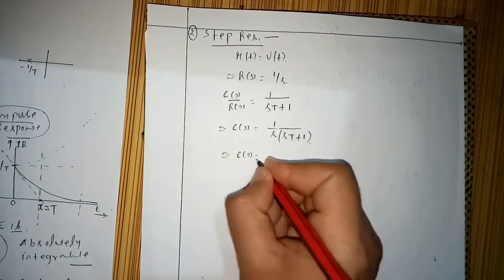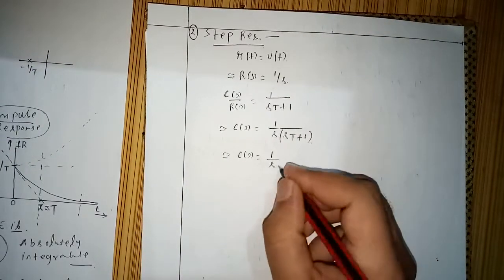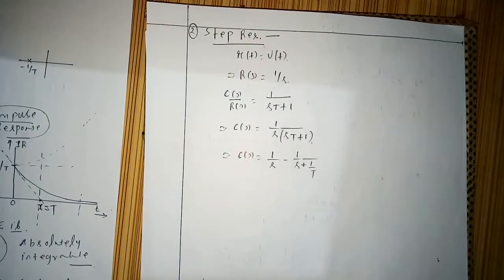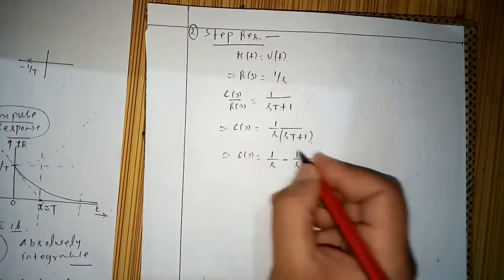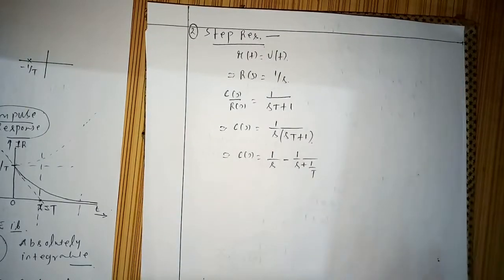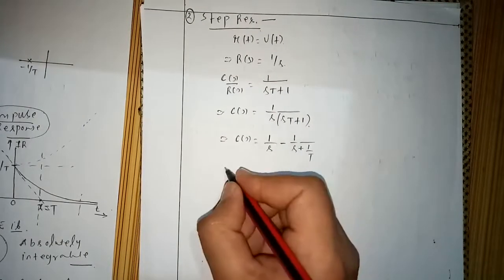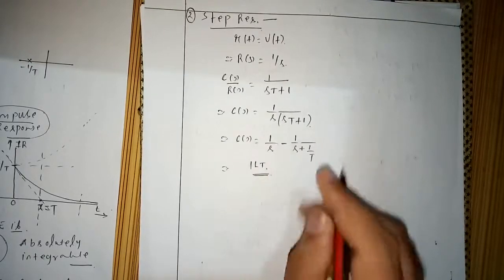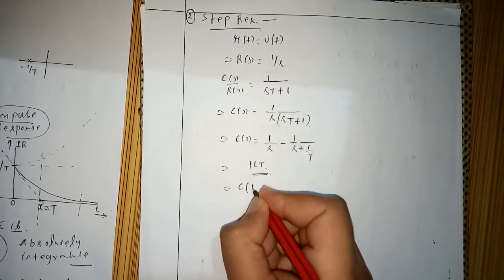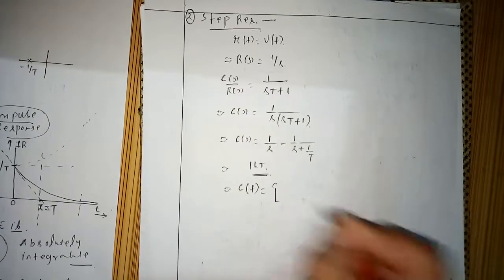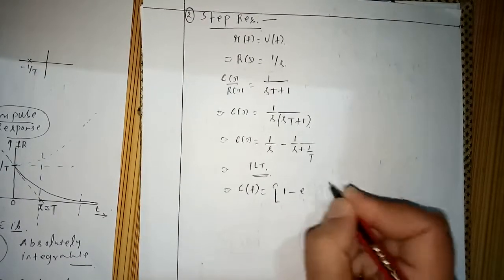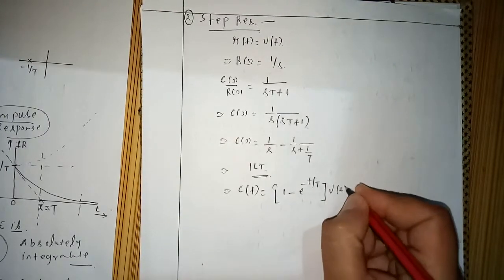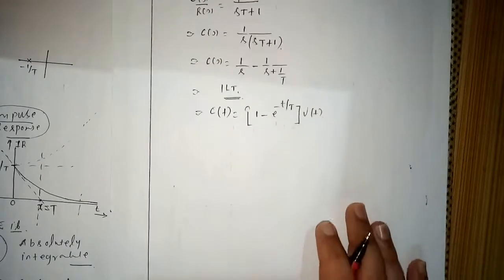Let me write directly 1 by s minus 1 by s plus 1 by T, using partial fraction. I hope you can solve. Now I am taking inverse Laplace transform of this. I get 1 minus e to the power minus t by T, u(t), for our causal system, right?